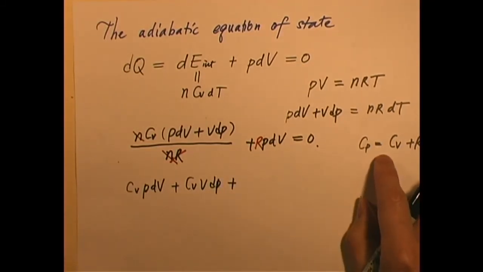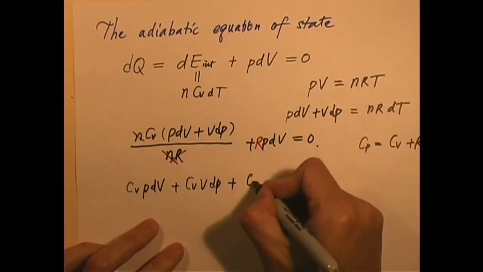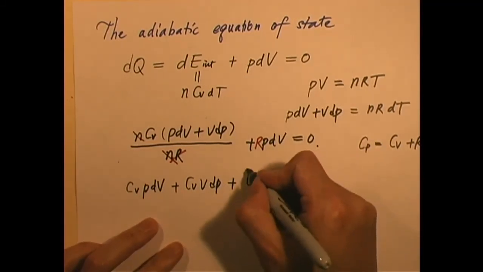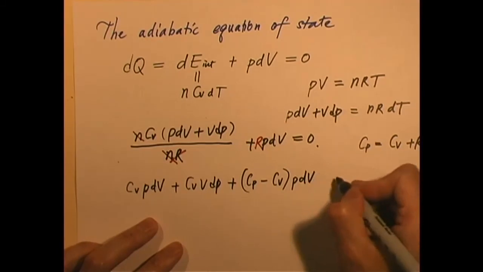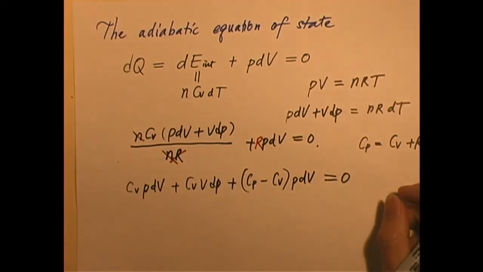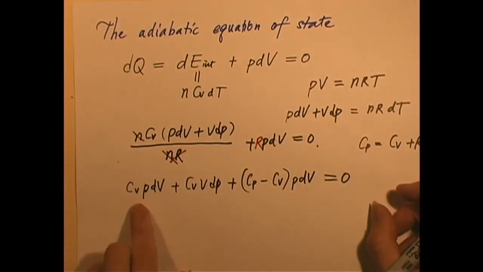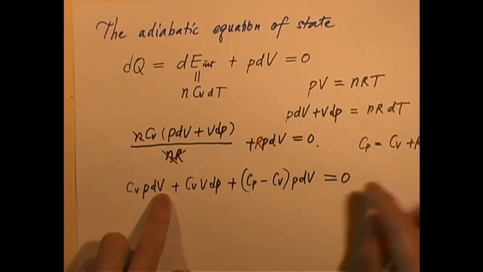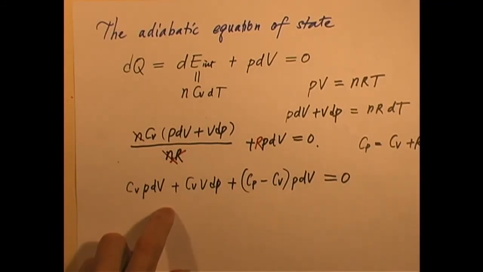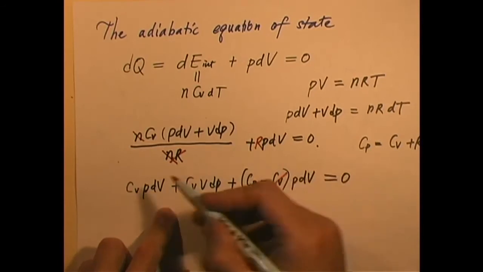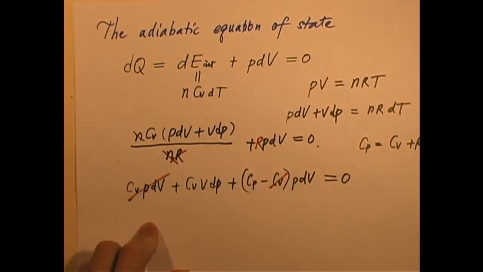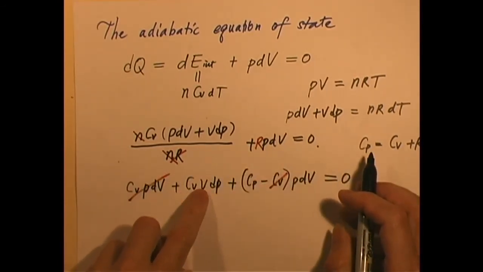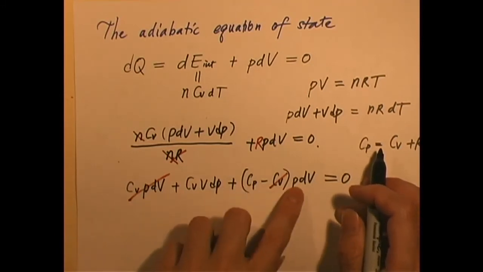R is replaced by Cp minus Cv, so (Cp minus Cv) PdV, and that equals 0. Take a good look. This term Cv PdV, there's another term Cv PdV. They cancel each other out. So I only have two surviving terms: Cv VdP and Cp PdV.